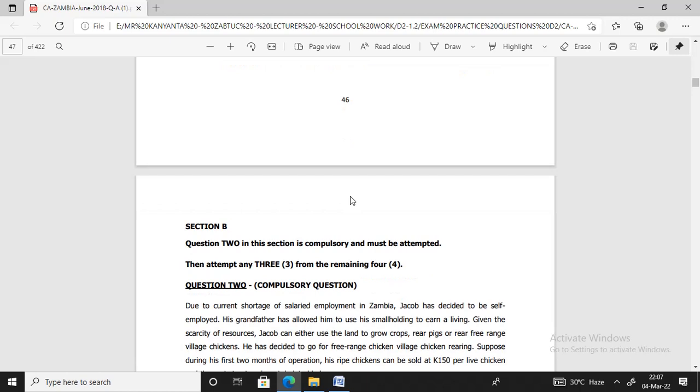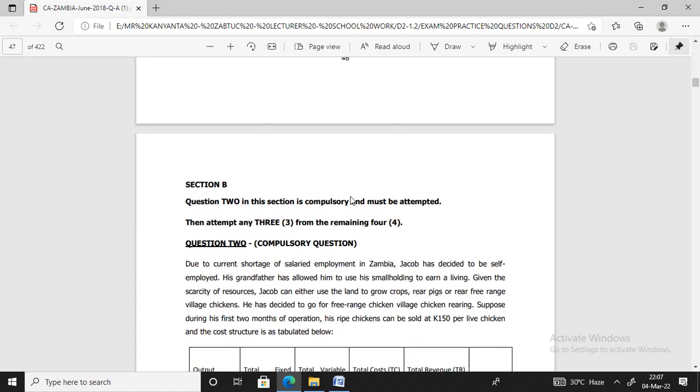Question 2. For CA 1.3, you always have question 2 as a compulsory question. So let's read through the question. Due to current shortage of salaried employment in Zambia, Jacob has decided to be self-employed. His grandfather has allowed him to use his small holding to earn a living. Given the scarcity of resources, Jacob can either use the land to grow crops, rear pigs, or rear free-range village chickens.